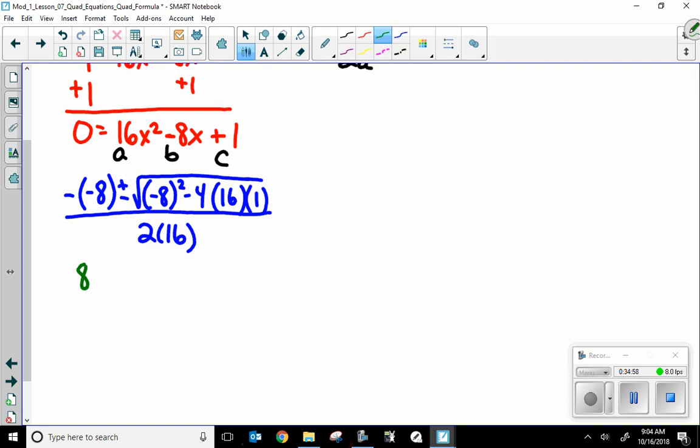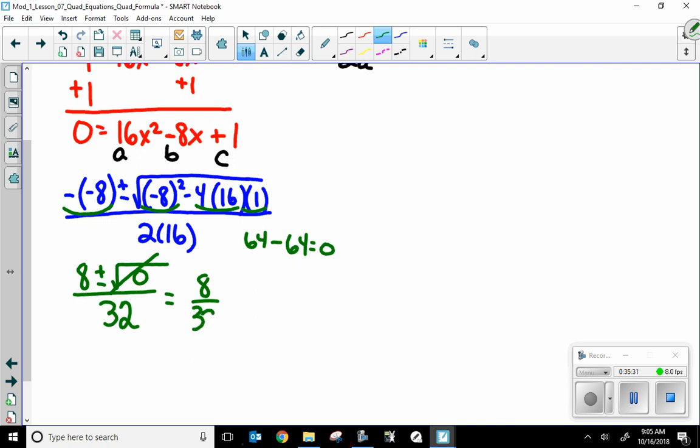I have a positive 8 plus or minus the square root of negative 8 squared is 64, minus 4 times 16, which is also 64, times 1. That's going to be 0. It's the square root of 0, all over 32. The square root of 0 is 0. So I end up with 8 over 32, which reduces to 1/4. That's my answer.